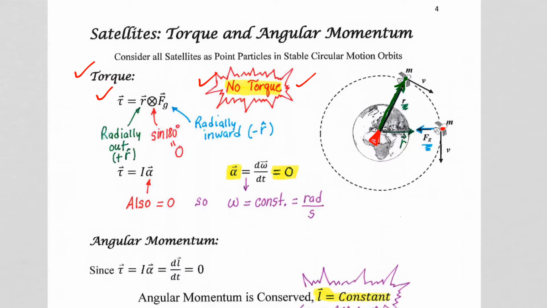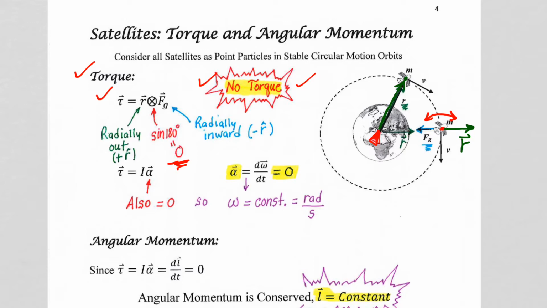When we take R cross F, we draw the vectors from a common origin. So I'm going to slide the R vector out here and draw the R vector and the F vector, our gravitational radially inward force, from a common origin, and we can see we get our 180 degrees right here. So that is our sine of 180 degrees in the cross product, and we get no torque.